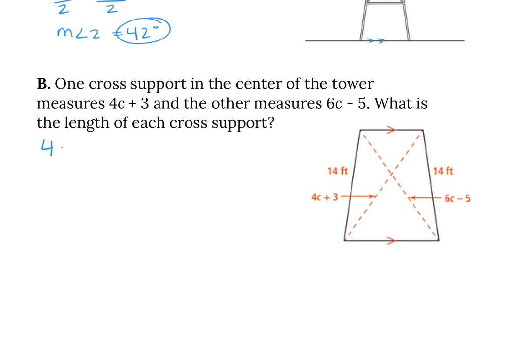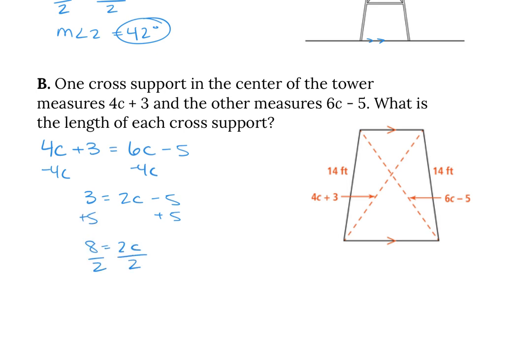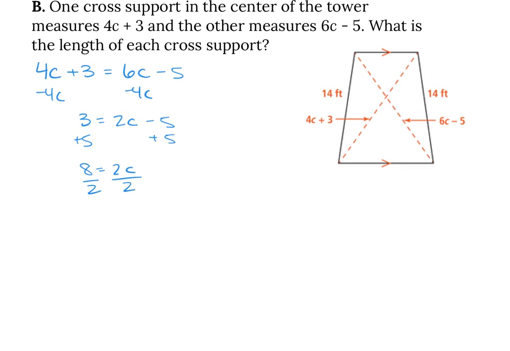So 4C plus 3 equals 6C minus 5. I'm going to solve for C. Divide by 2. So C is going to be 4.